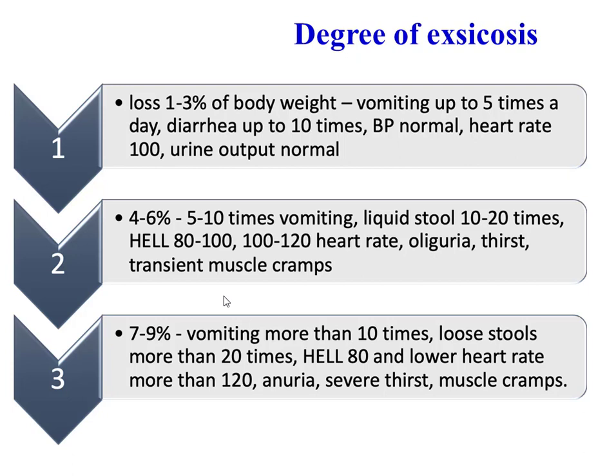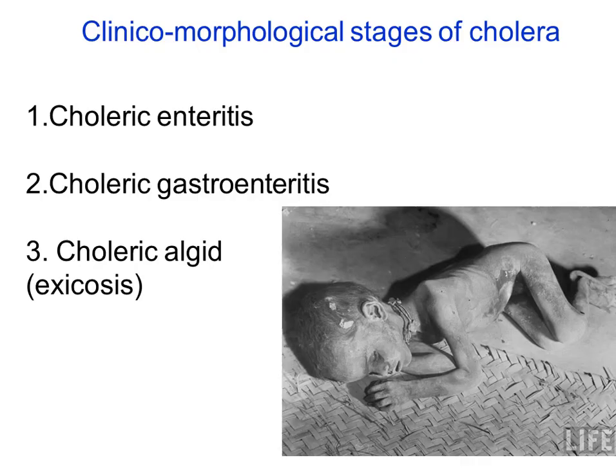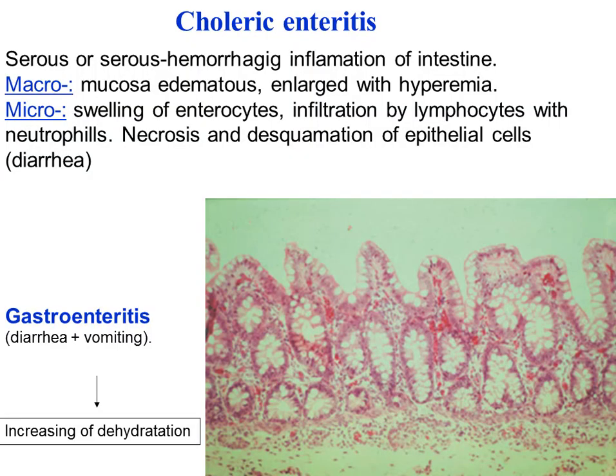Clinical manifestations depend on the stage of disease and degree of dehydration. We subdivide choleric enteritis, gastroenteritis, and the algid period. Choleric enteritis is accompanied by serous or maybe serous-hemorrhagic inflammation; the mucosa is edematous, hyperemic, swollen.